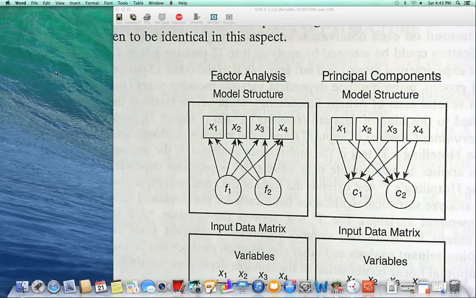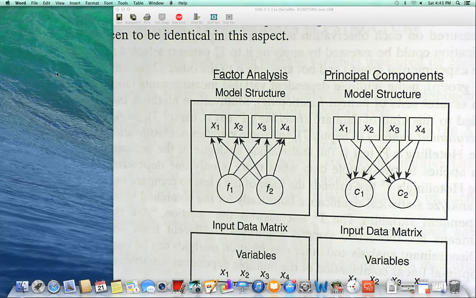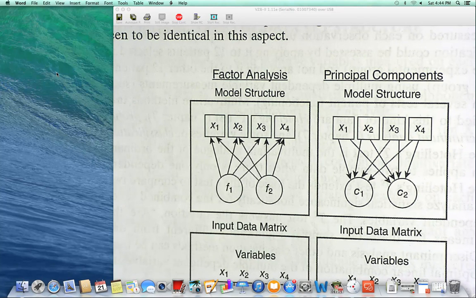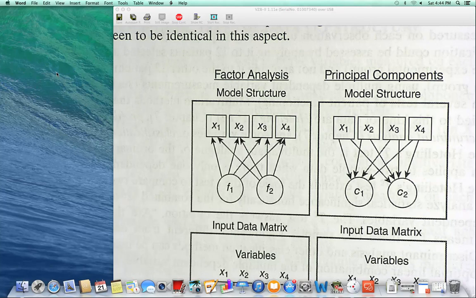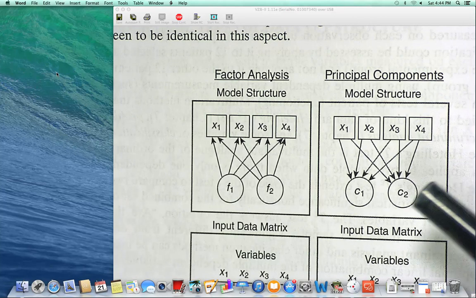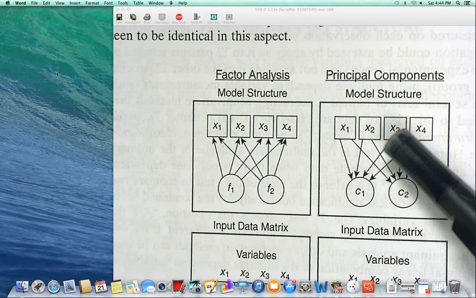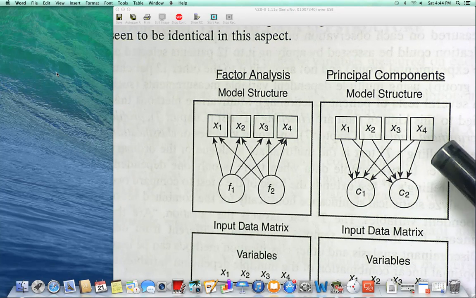Now I've jumped here to page 8 of your text. This is in chapter 1, and you may have read this and come across it. I think these diagrams help me to better understand the difference between principal components and the other kinds of factor analyses. Notice here with principal components we have observations x1, x2, x3, and x4.